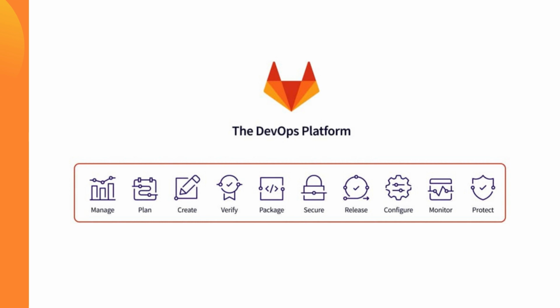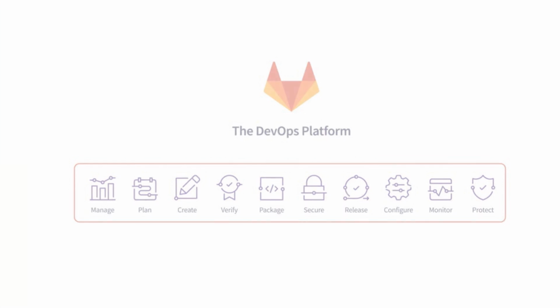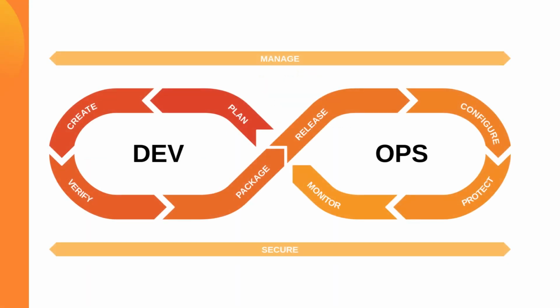You can package it up, make sure that it's secure, and then release it to different hosting platforms or places where it can be consumed by the public. And in those hosting environments you can send configuration for that. You can monitor and then you can protect this code. And in GitLab, you can do all this from one platform, the DevOps platform, GitLab.